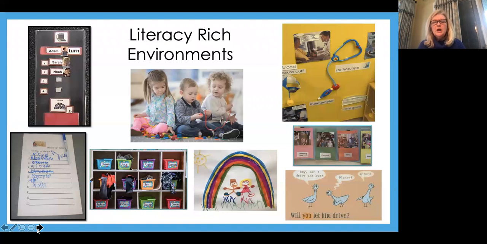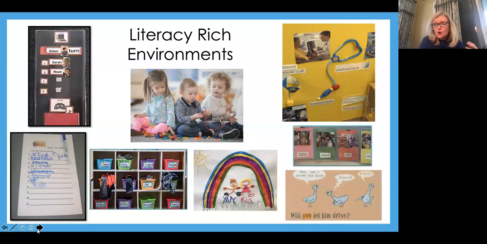So, we often talk about literacy rich environments. We don't always talk about those social emotional environments, but think about how many of the things that we do when we look at our environments and think about, have I set this up where children are getting those rich literacy experiences? All those things support social emotional too, because think about the things like, when it's your turn and it has your name and your photo there. So you're learning to recognize your name.